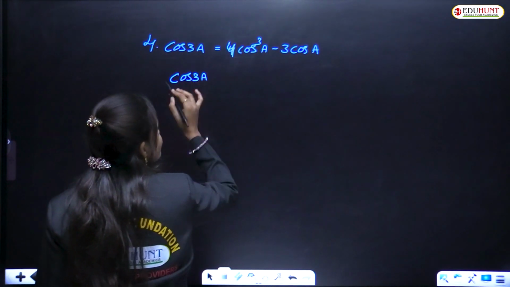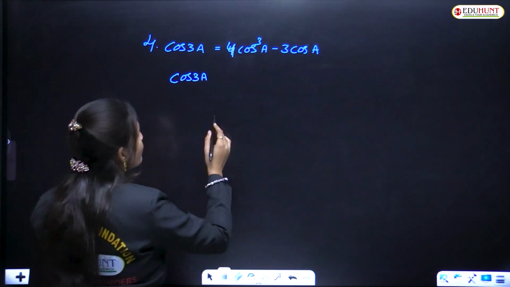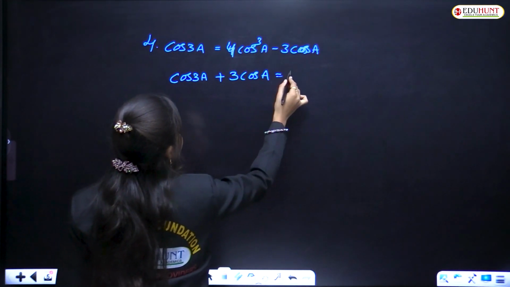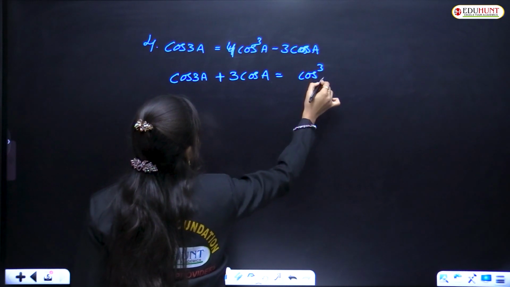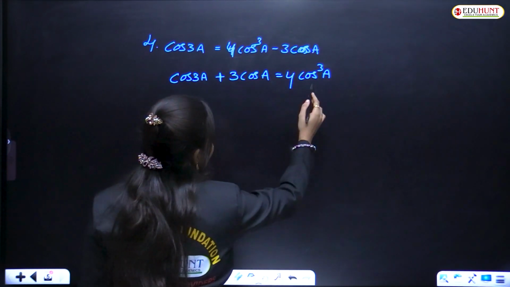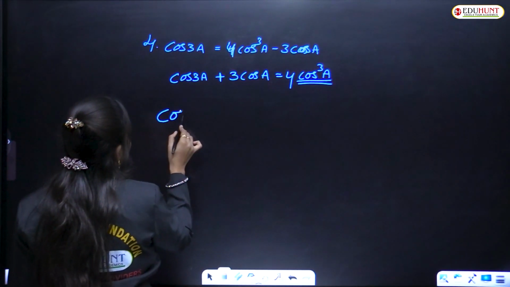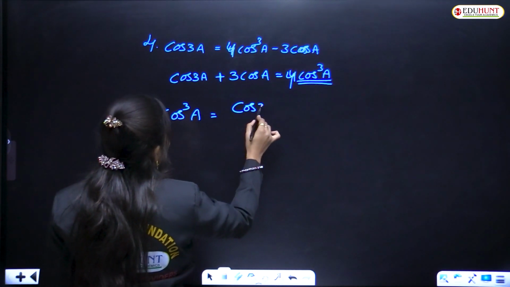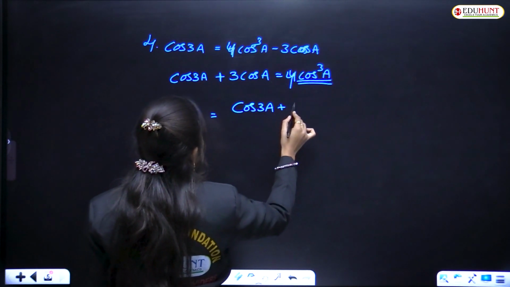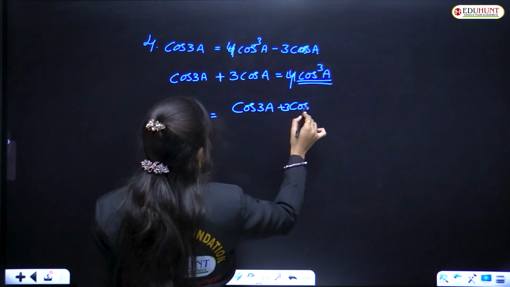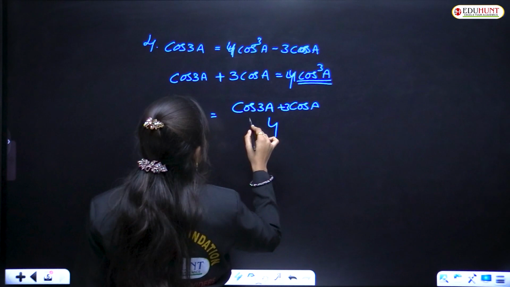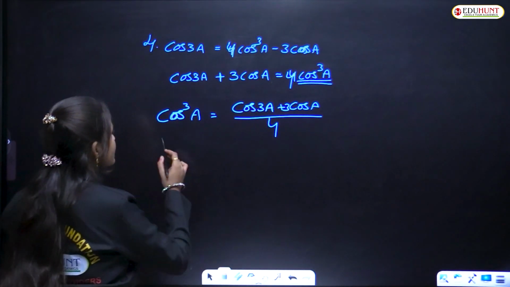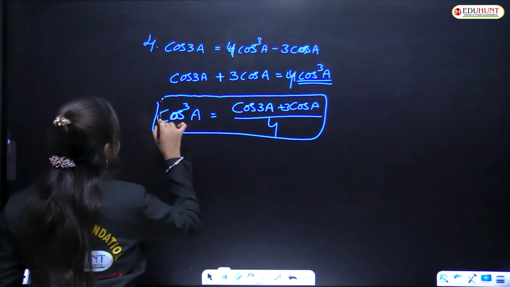The minus term comes to the LHS, so that becomes positive. So cos 3A plus 3 cos A equals 4 cos cube A. So from this one, the cos cube A formula equals (cos 3A plus 3 cos A) by 4. This is the formula for cos cube A.